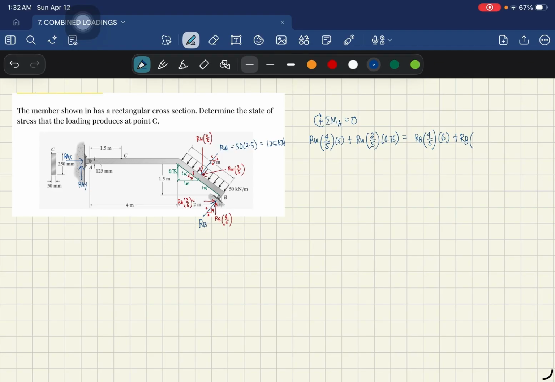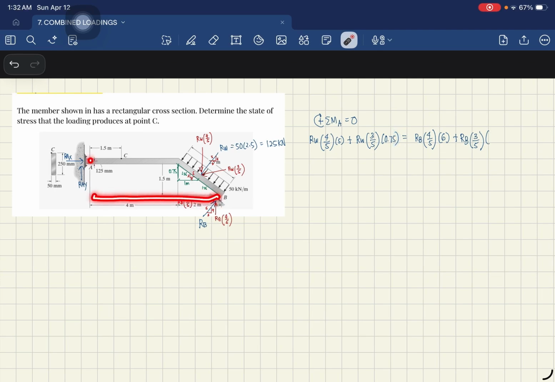Plus yung horizontal component 3:5. Then yung moment arm niya naman na perpendicular dun sa saan? Dun sa point A. So meron siyang height na 1.25, 1.5.